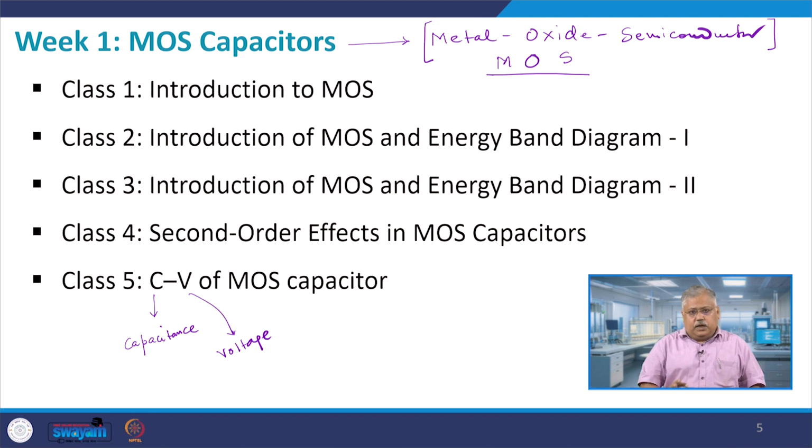So, this is week 1 which I wanted to showcase to you as far as this course is concerned. And this will be stationed where? This will be the first time where you will be actually learning the MOS capacitor as an active device. From the active device I am going to generate a MOS device, and from there how you take it forward towards designing a MOS cap, that will be done in week 1.